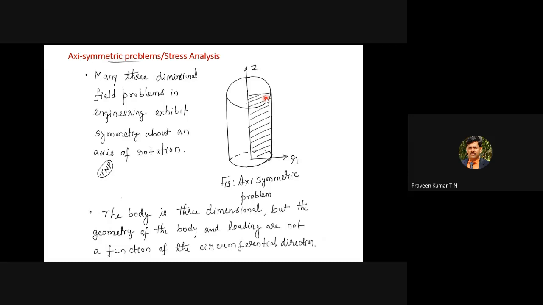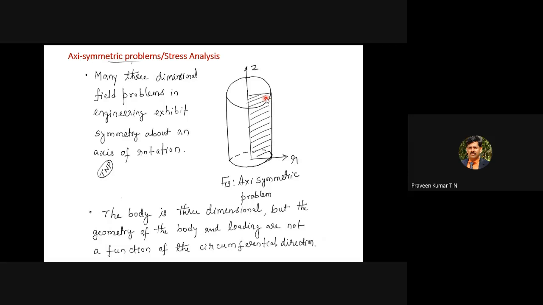Because the loading is symmetric, the geometry is symmetric, and the boundary condition is also symmetric, the variation of stress in the theta direction is zero or nil. The stress or strain remains constant along the circumferential direction.